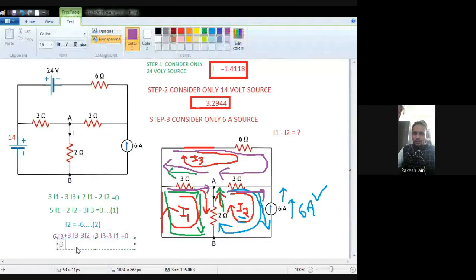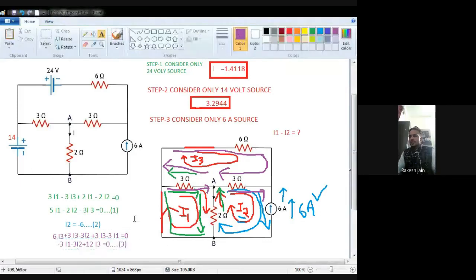There is no need to write down the equation for the second mesh, because a current is directly given for this mesh, that is 6 ampere. It means the current in this mesh is 6 ampere. Direction is bottom to top. It means I2 is minus 6 ampere.